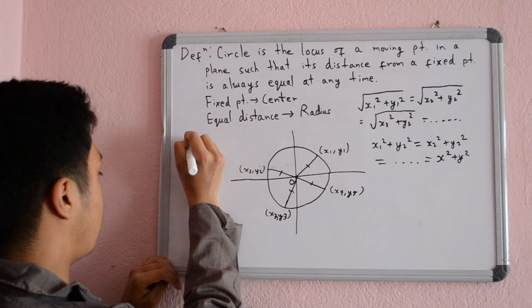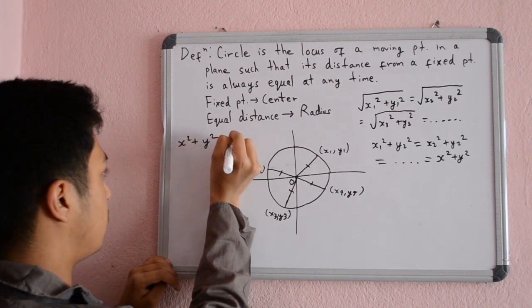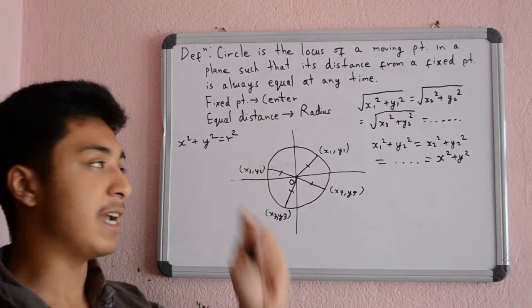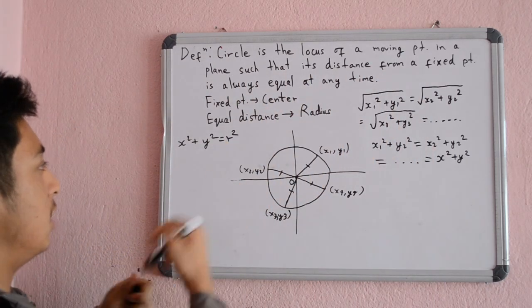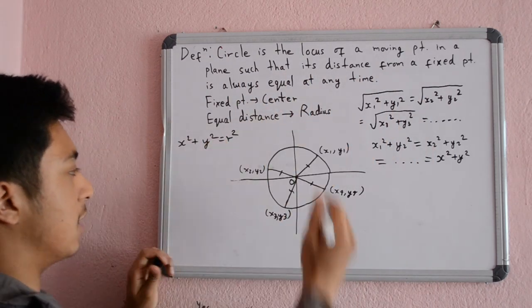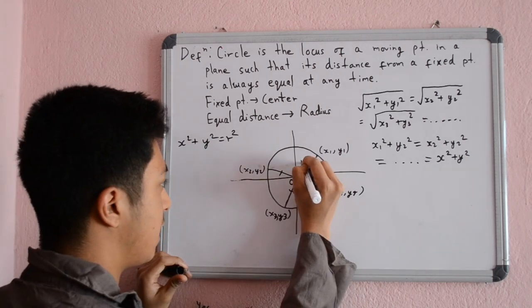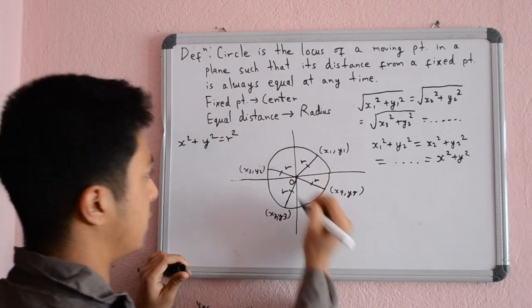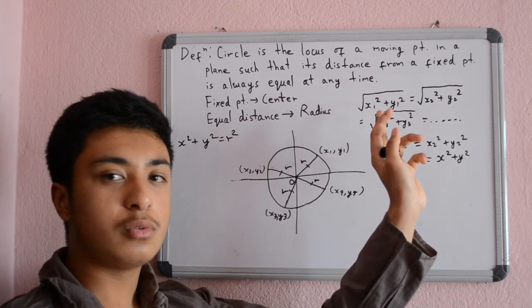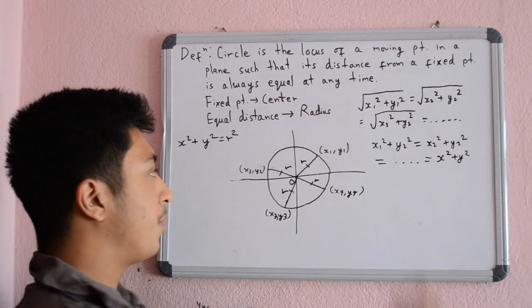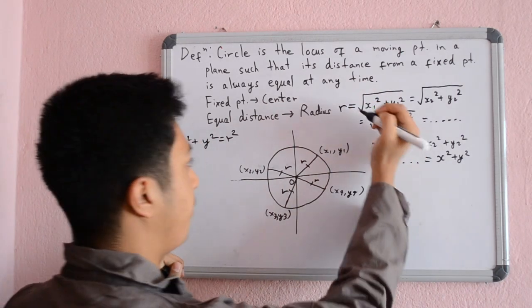So x square plus y square is equal to r square. Now for the right hand side, go back to the definition. All the way over here, the equal distance is known as the radius. So this distance is the radius, so is this, so is that, so is this. So that means one of these distances, root x1 square plus y1 square, is equal to r.